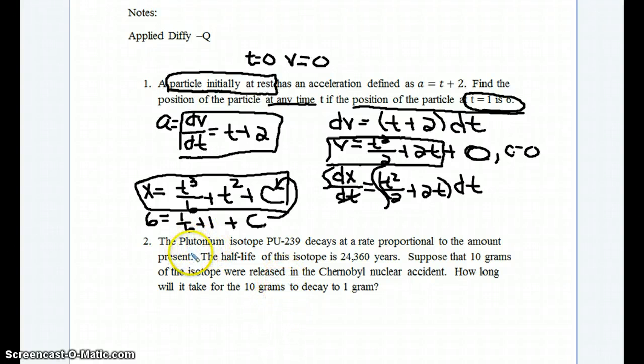So in this problem, it says that this isotope decays at a rate proportional to the amount present.